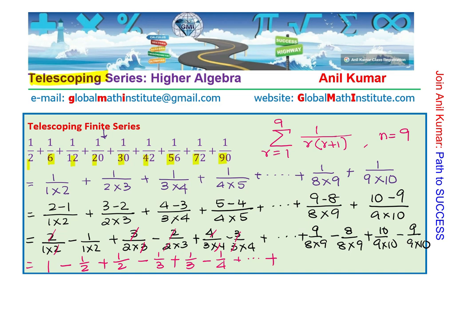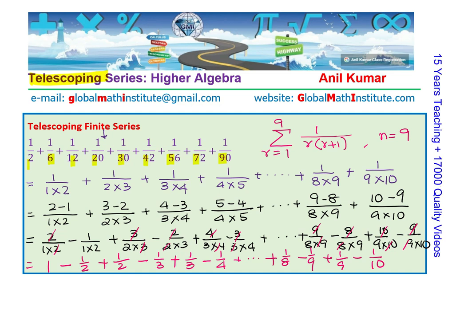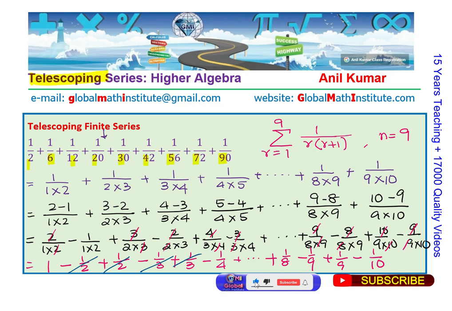So clearly what you notice here is 9 and 9 cancel, so we have 1 over 8 minus 8 and 8 cancel, 1 over 9 plus 10 and 10 cancel, 1 over 9 minus 9 and 9 cancel, 1 over 10. What you notice here is that except for the first and the last term, everything in between gets cancelled. Minus half plus half is 0, minus 1 by 3 plus 1 by 3, and so on.